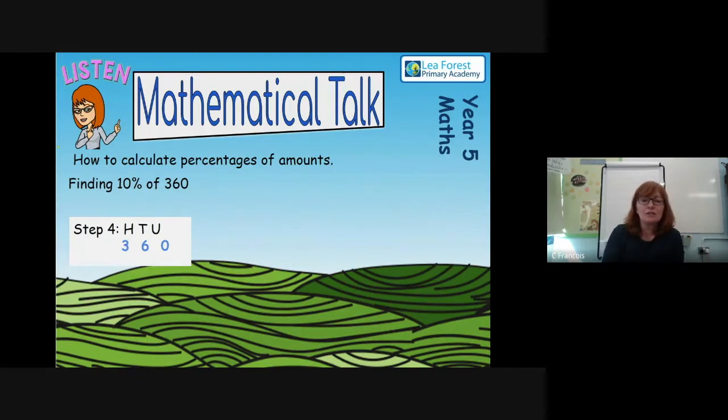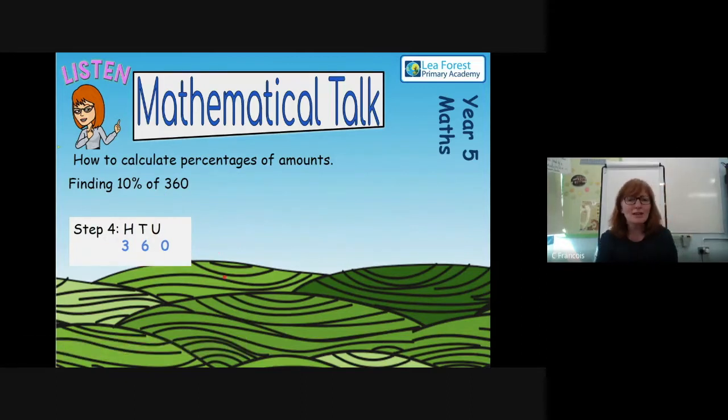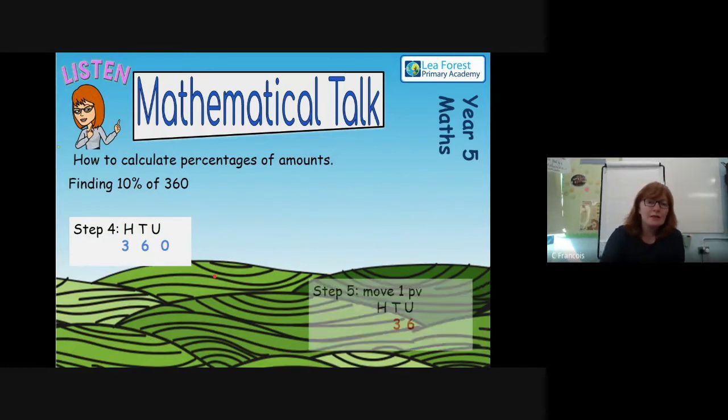I have written 360 under my hundreds, tens and units column. They're not quite lined up, sorry about that. They do look lined up when I make the slides, but it's roughly there. The hundreds here, the tens here, and the units here. So I've written 360 using place value.